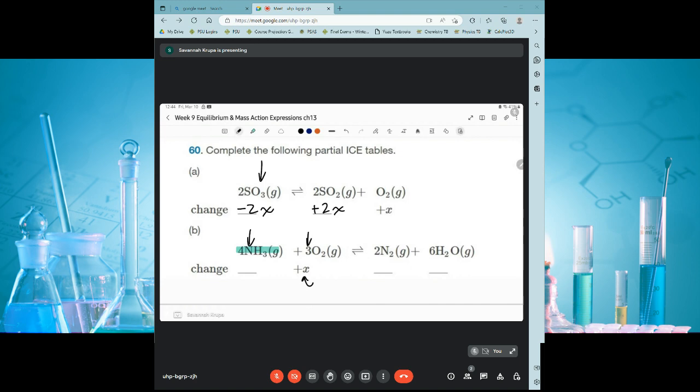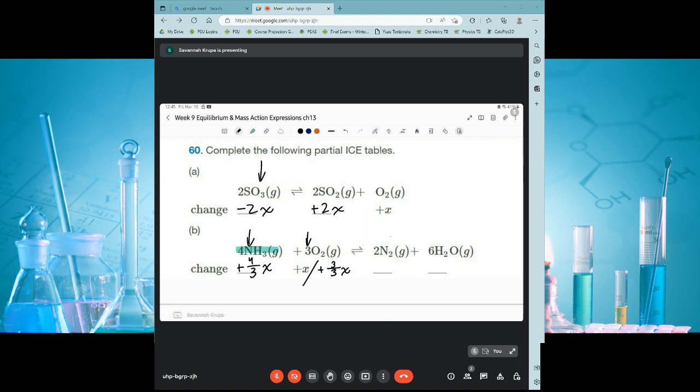And so because the reactants are gaining in this situation, we will also add, but because there's 4 of the NH3, we will add a 4, but we need to divide it by 3 because this x right here is secretly 3 over 3x. And because that's what's going on, we have to divide everything by 3.